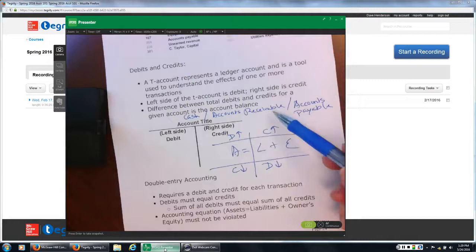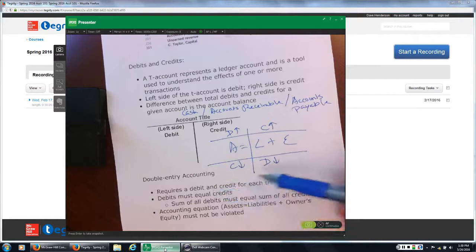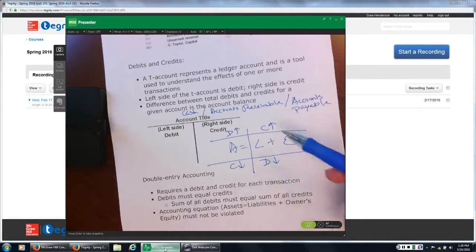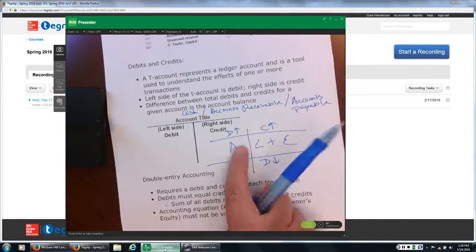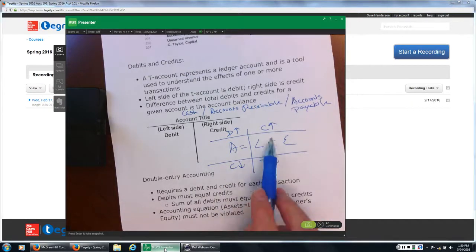One of the things about doing journal entries is that each journal entry requires a debit and a credit. And the sum of the debits for each journal entry must equal the sum of the credits. Okay? If that is not true, then this accounting equation, which needs to stay in balance, will not be in balance. It will be unbalanced. Okay?